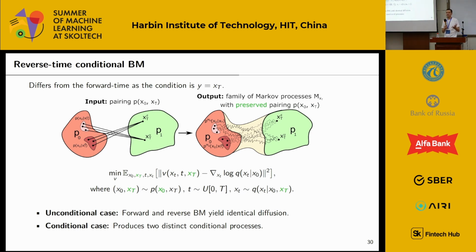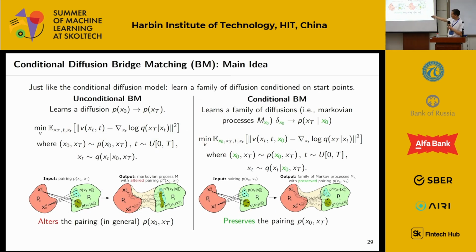For this, you can consider learning a separate conditional model in reverse time. So do conditional bridge matching in reverse time. Roughly speaking, learn a family of diffusions in backward time, which are conditioned on samples from the target domain. And this will be an absolutely separate thing from forward time, because these are different diffusions. When you learn in forward time, your diffusions are conditioned on the input point.